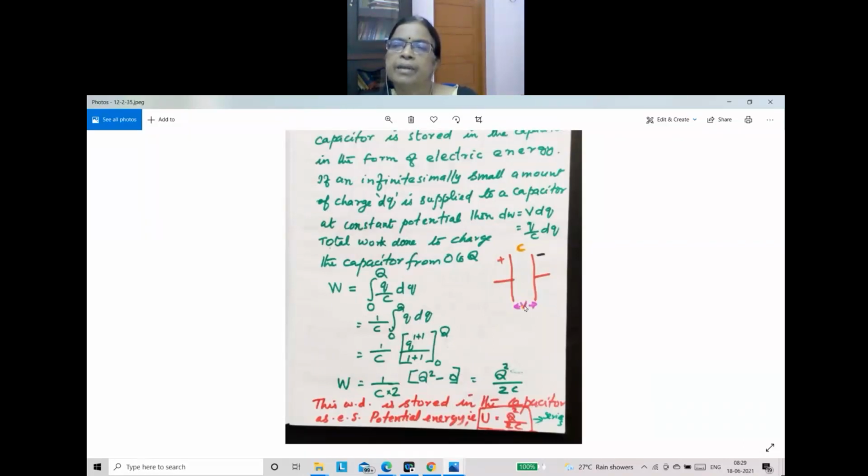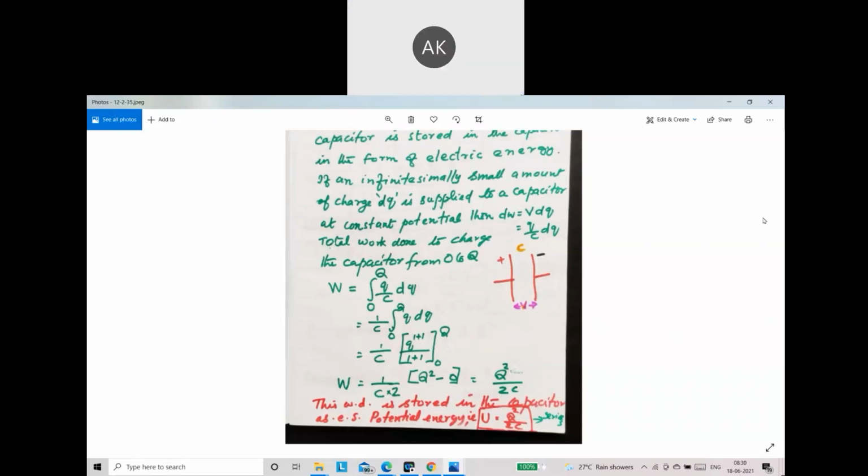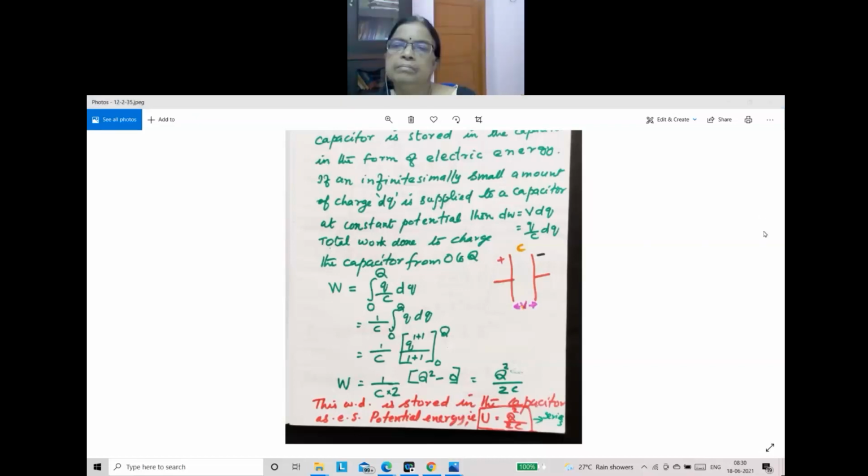Okay, here you can see a capacitor. What is the capacitance? Adil Krishna, what is the capacitance? No answer. What is the potential difference applied here?